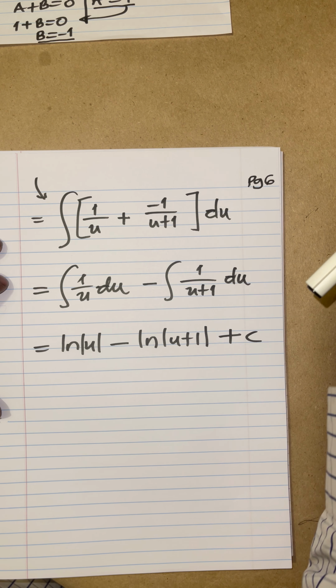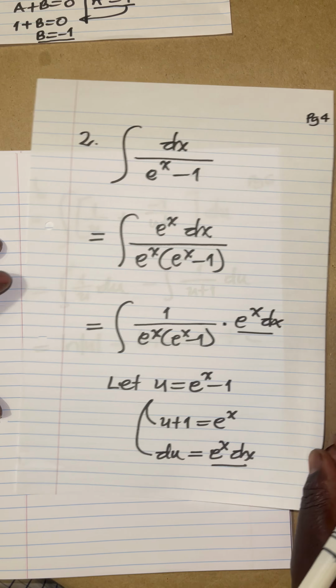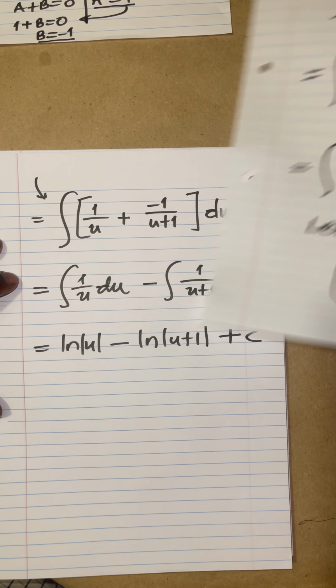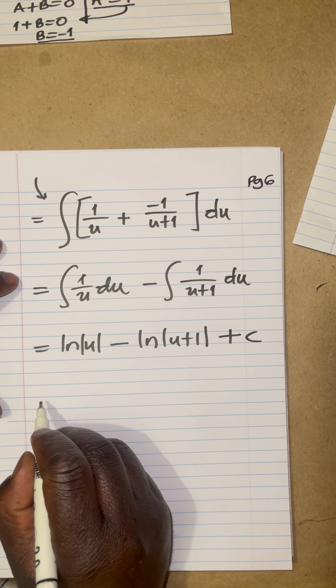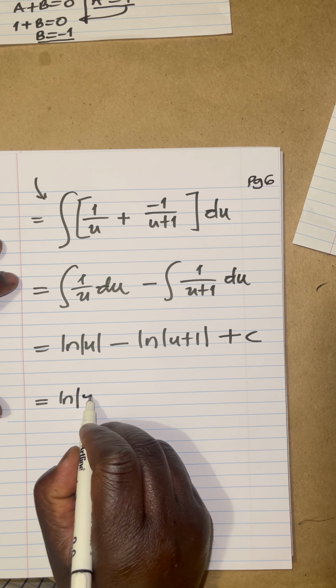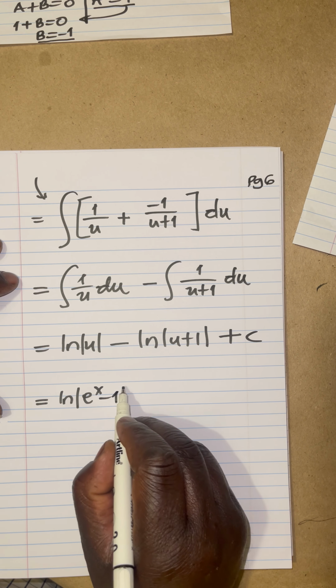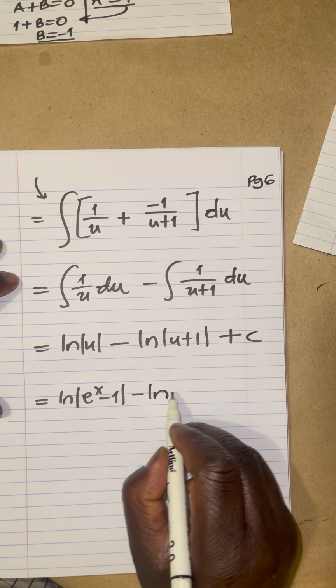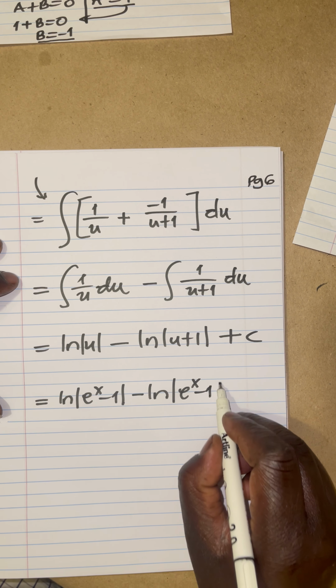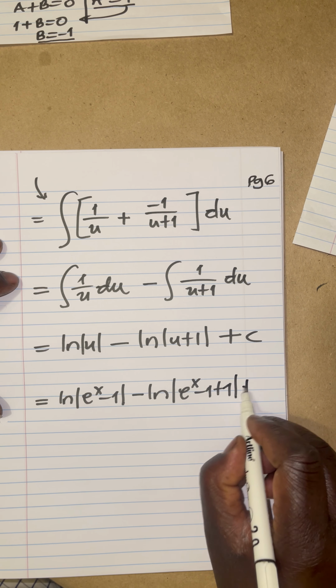Well, remember we said u is e to the power x minus 1. So where there's u, I put e power x minus 1. So this is going to be natural log of e to the power x minus 1 minus natural log of e power x minus 1, but there's a plus 1 here, plus 1 plus c.